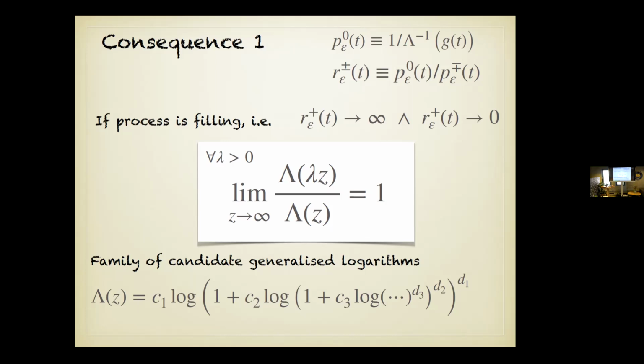Agree? Yes, and P minus is always smaller than P0. If you divide P0 by P plus, this is always smaller than 1, and the other one is always larger than 1.